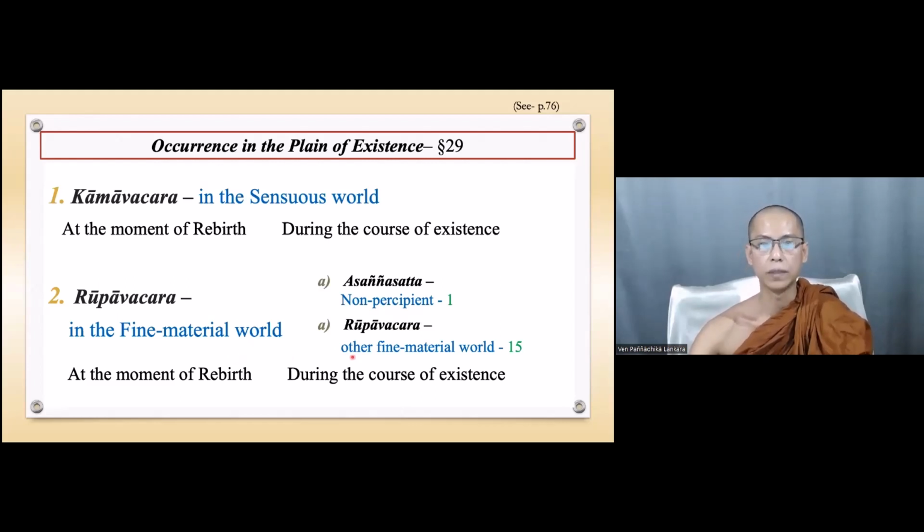There's no material phenomena in the immaterial plane of existence. So we have to consider the sensuous world and five material world in those three groups.